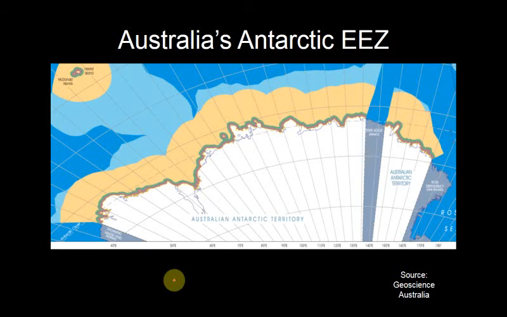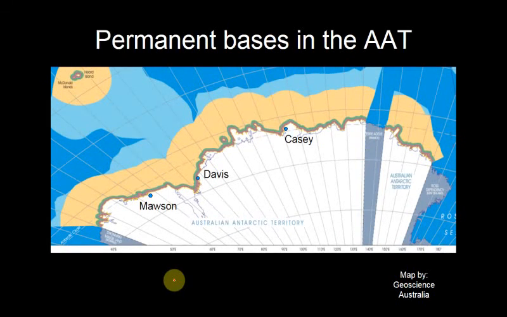So here's Australia's Antarctic EEZ, exclusive economic zone. It's got 3 bases, Mawson, Davis and Casey. Within Australia's territory, there's also a number of Chinese bases just south of Davis, and there's Vostok, which is a Russian base. Does anyone know what Vostok is famous for? It's probably some brand of vodka or something, because Vostok is a city in Russia as well.